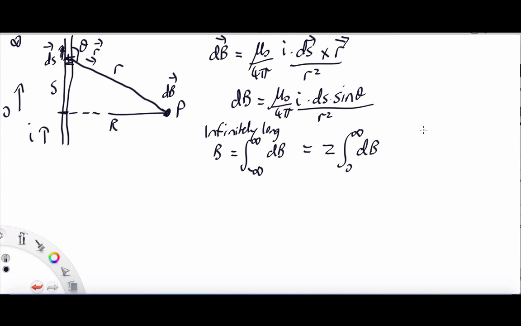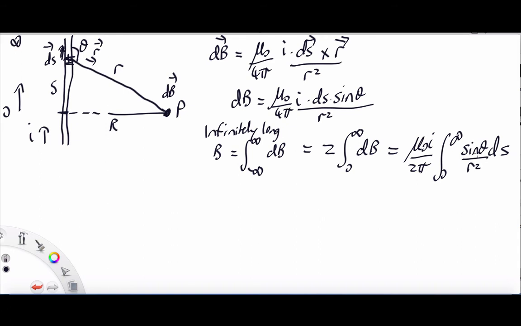So just by symmetry, the field due to half the wire will equal the field due to the other half of the wire. So that will be mu naught I over 2 pi integral 0 to infinity sine theta over r squared times ds. So all the constants have come out the front there.